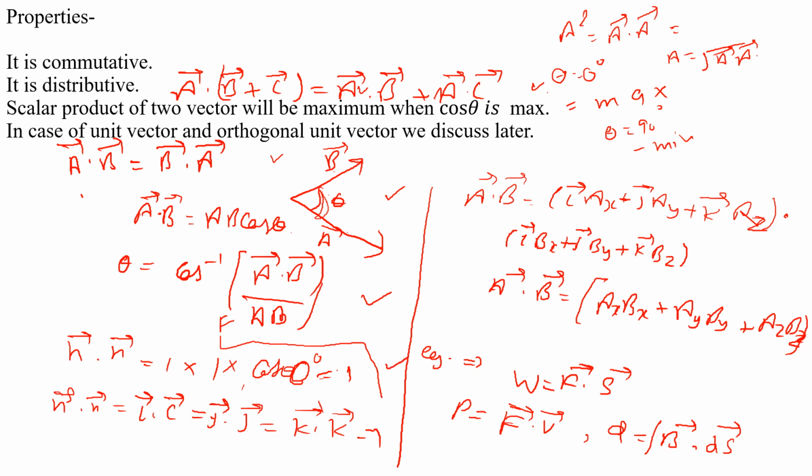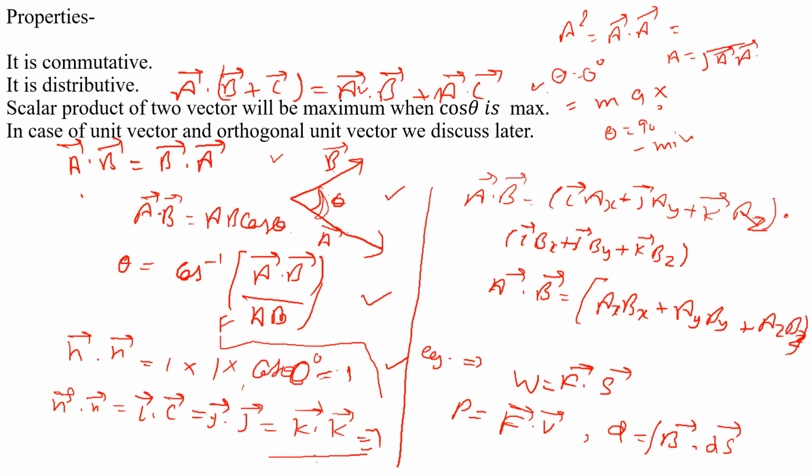And next, n vector dot n vector is equal to i vector dot i vector, j vector dot j vector, is equal to k vector dot k vector, is equal to 1. So this is in the case of unit vectors.